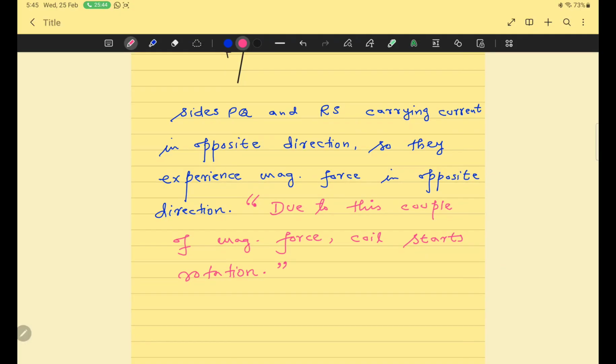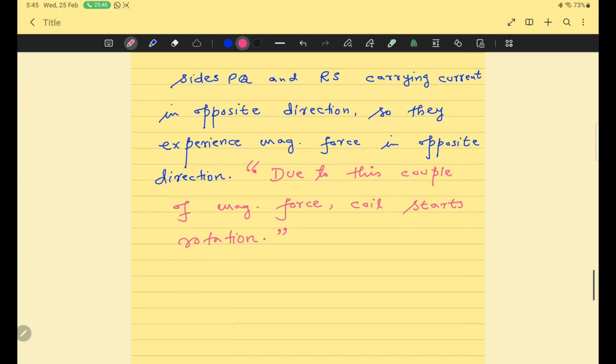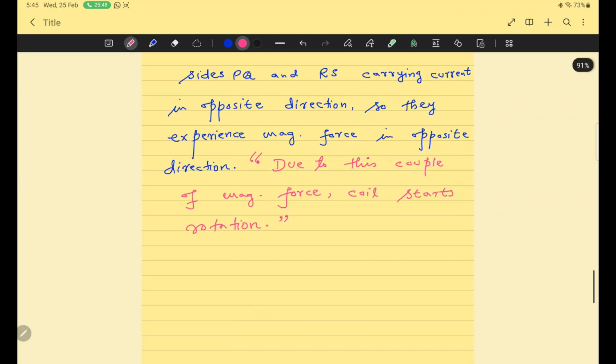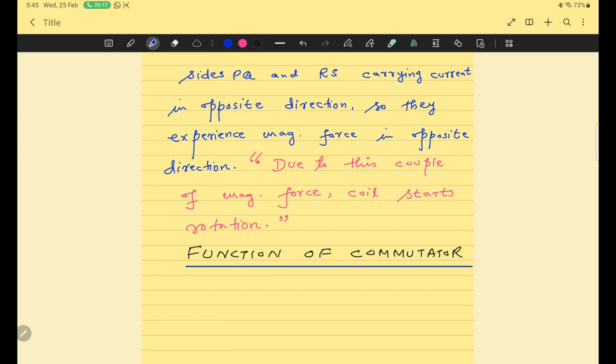But it is very easy to say that when current passes through the coil, the coil starts rotation. There is an issue, and this issue is resolved by the commutator. That is why in the exam they will ask what is the function of commutator.